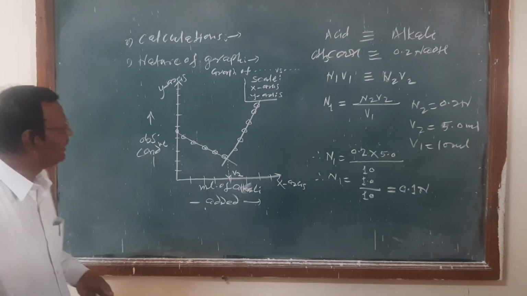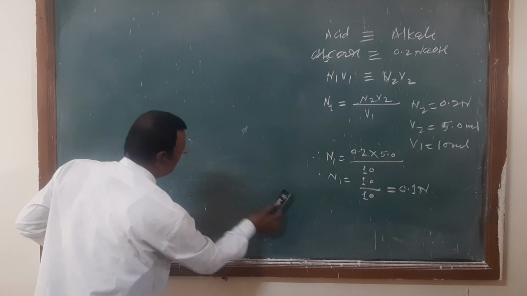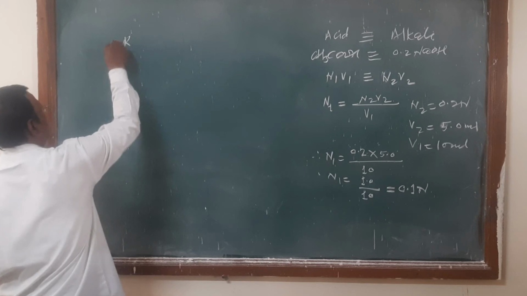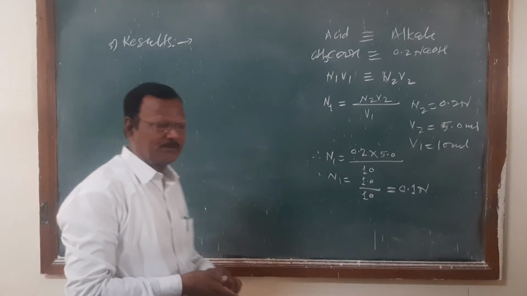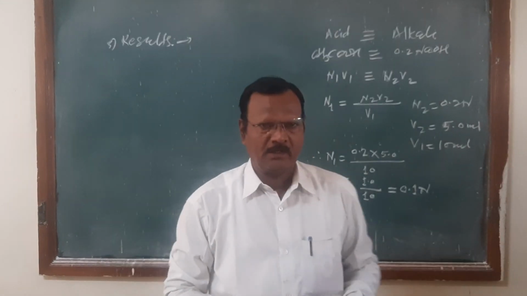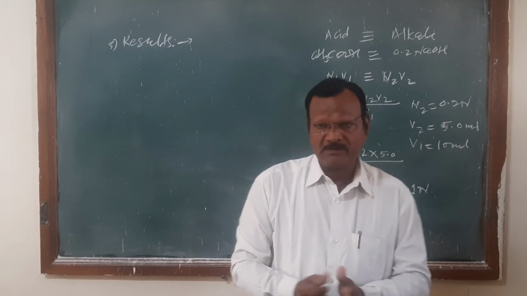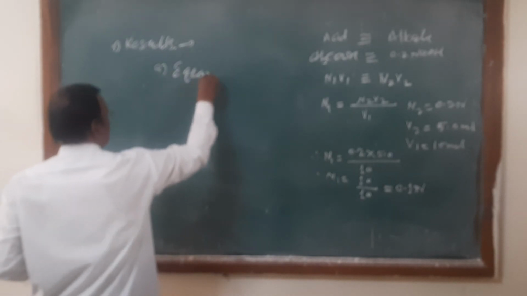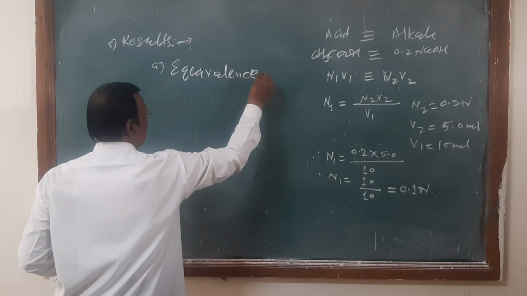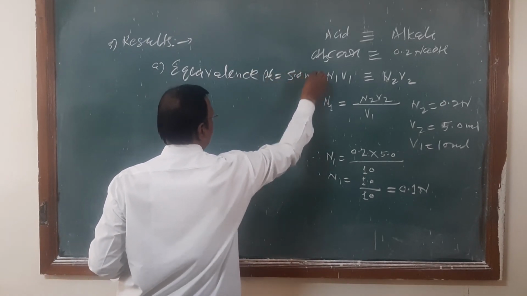And by the way, we come to the third part, which is the result. The results may be in tabular form: first, the equivalence point of the titration, and second, the normality of the acid. The first, the equivalence point, is equal to 5.0 ml.